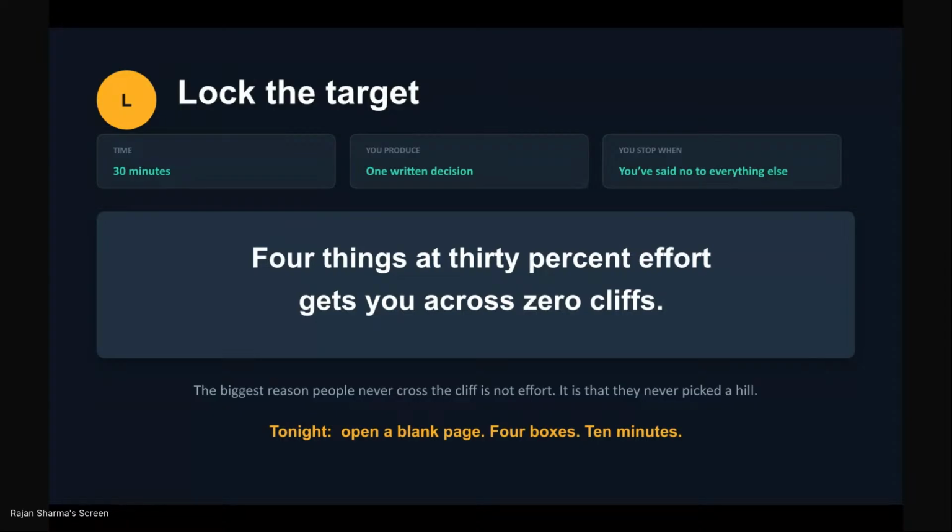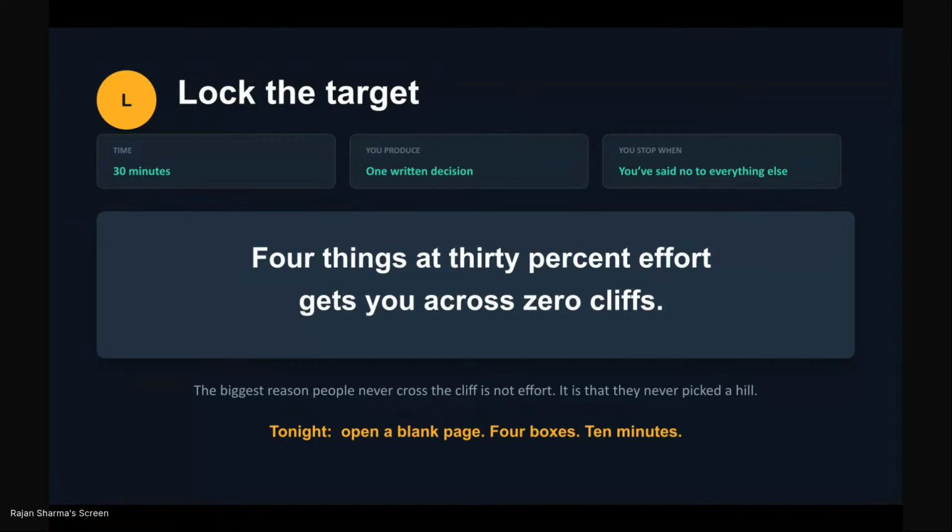So L here is, like we discussed, lock the target: you produce one written decision and you stop when you have said no to everything else. It's like locking onto the one thing that you need to achieve. In the first 30 minutes, you take that decision: this is exactly the technology I niche down into, this is exactly what I need to learn.